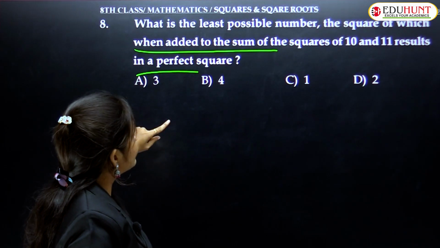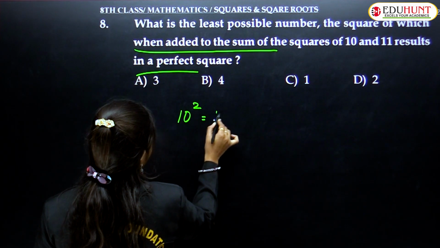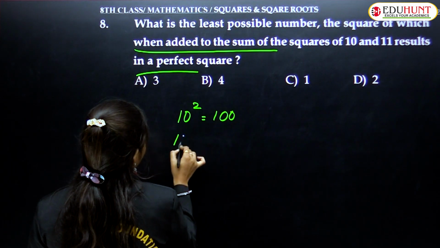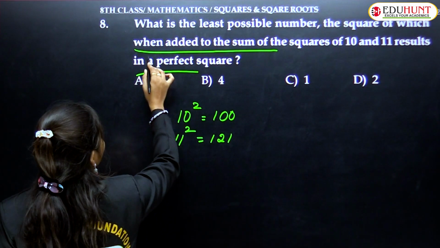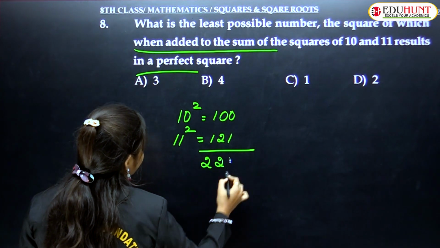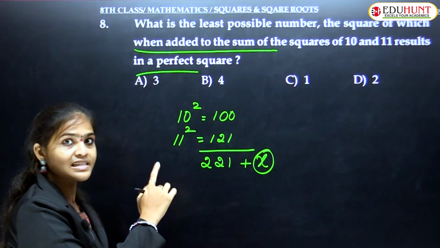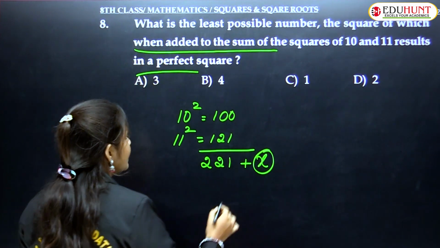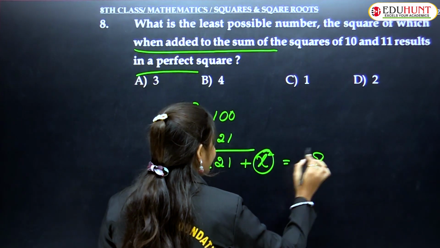The squares of 10. So 10 square is 100 and 11 square is 121. After, you have to add those two. So this is 221. Just which number you have to add here? That is the square of that number. Which means here, if you add x square, then you will make it a perfect square.